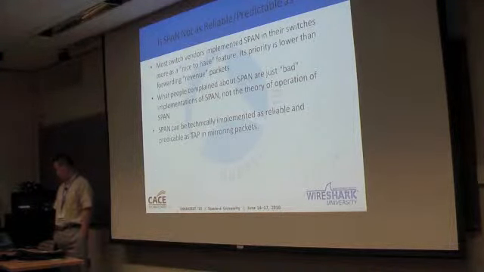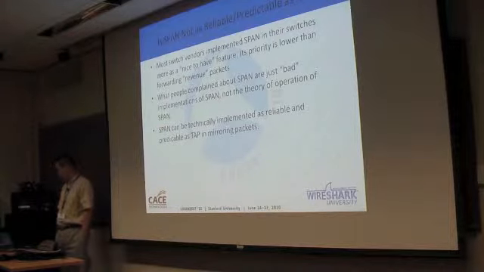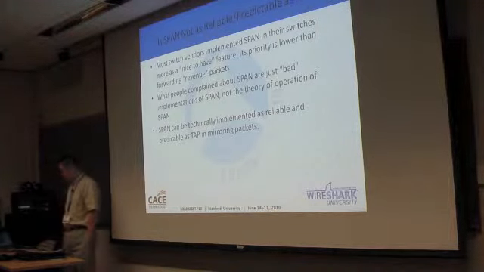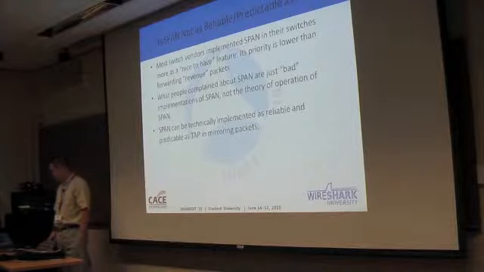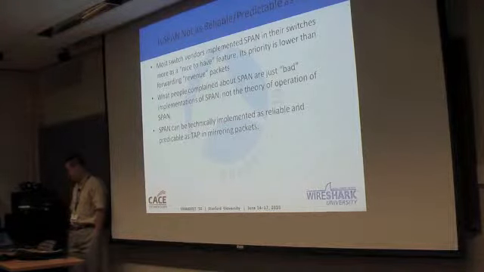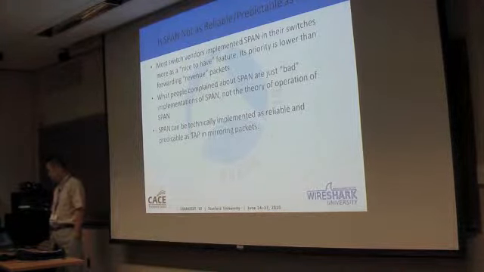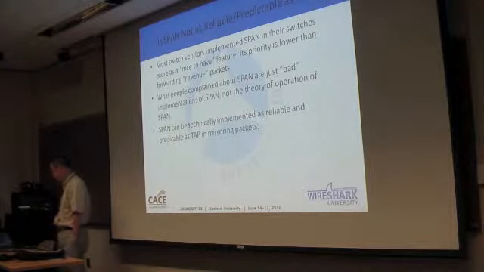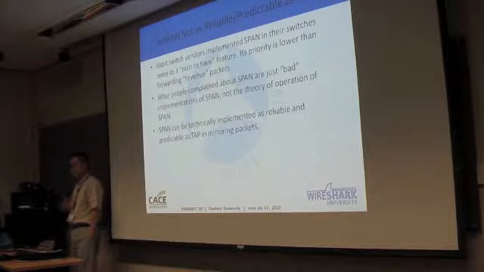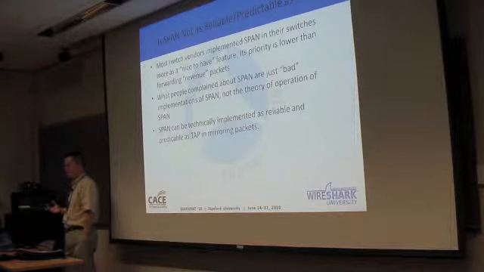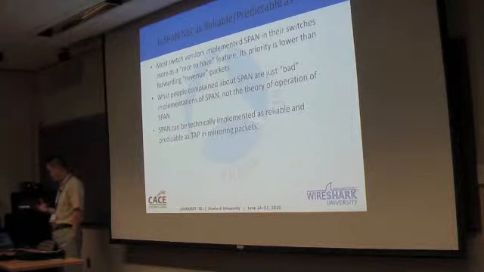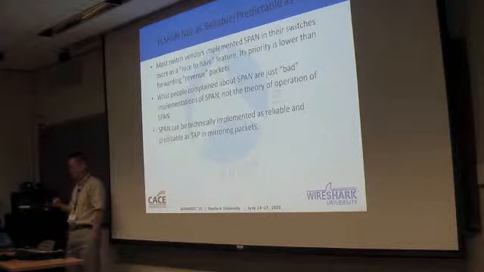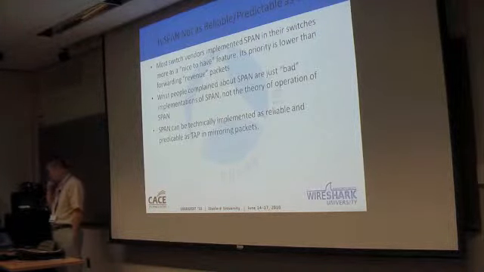Then, is SPAN not as reliable or predictable as the tap? To answer this question, one thing we can look at is that most switch vendors implement SPAN in their switches more as something nice to have. Their priority is lower than forwarding revenue packets or production packets.